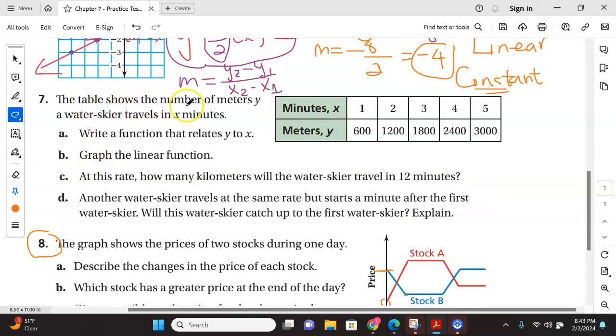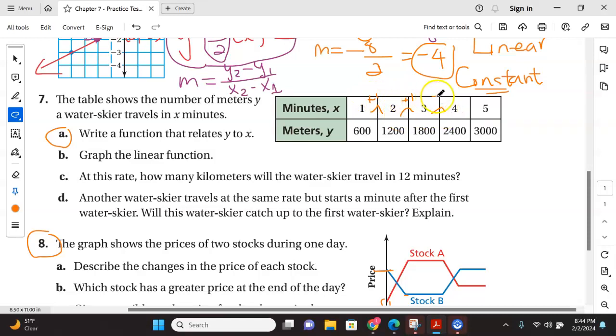A table shows the number of meters, y, that a water skier travels in x minutes. So x is the number of minutes, and the first thing they want you to do is write a function rule that relates y to x. Okay, well, let's go find the slope first. Let's go find the rate of change. You plus 1 for every minute.